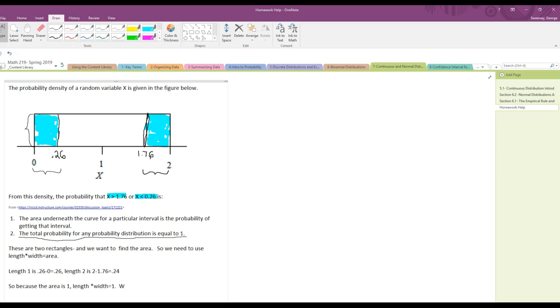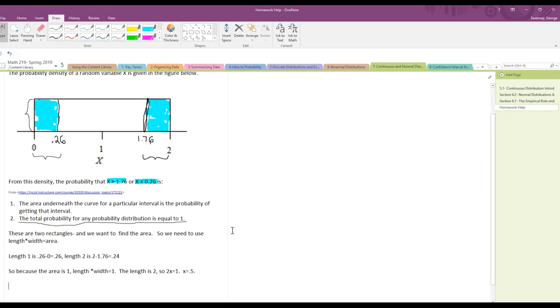We know the length is 2, so 2x equals 1, and x is what we're looking for to give us the area of the other two boxes. So x just equals 0.5. That's basically all the algebra you're going to need for statistics.